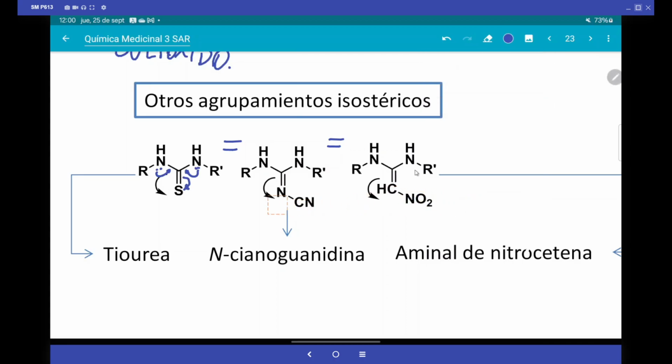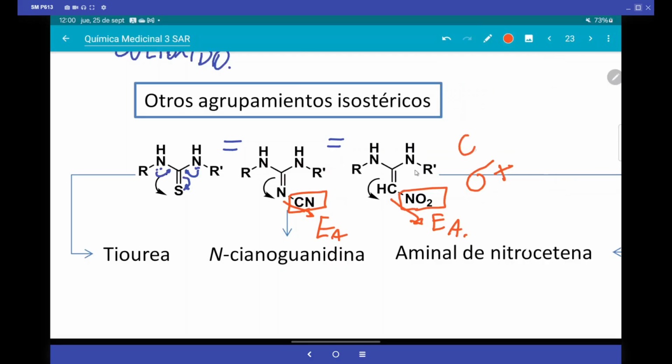Exactly, to avoid that, nitrile and nitro are placed, since they are electron-withdrawing, very much so. In fact, they are two of the most electron-withdrawing groups that exist. They have what is called a super-positive Hammett constant.